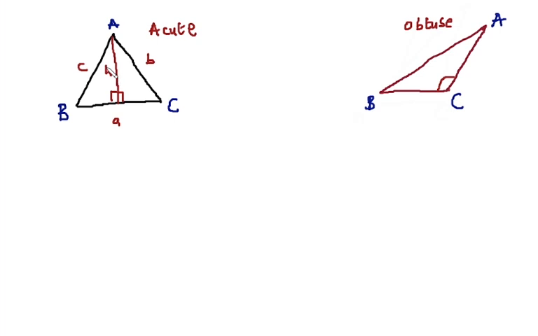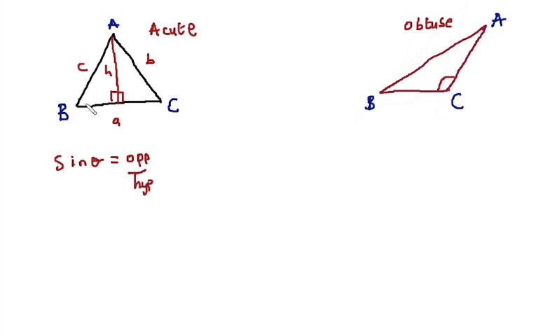We can always get the value of H by using SOHCAHTOA because we are dealing with a right angle triangle. Remember, sine of theta is equal to opposite over hypotenuse.